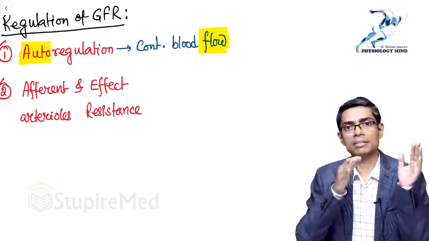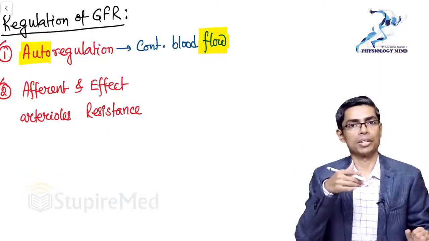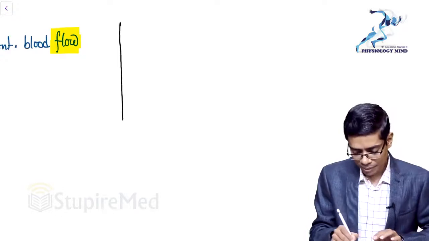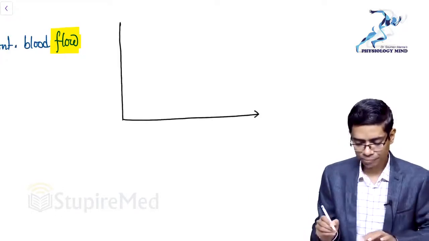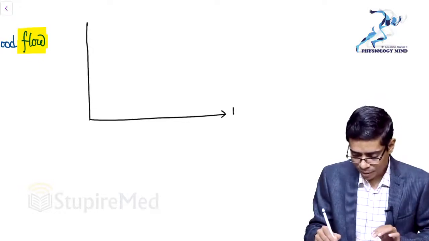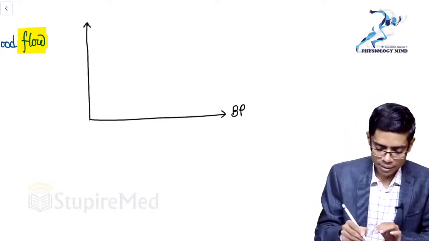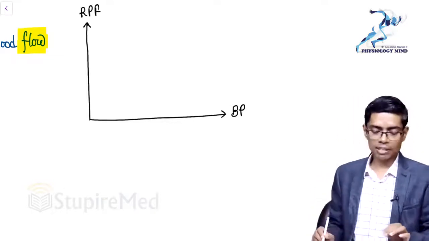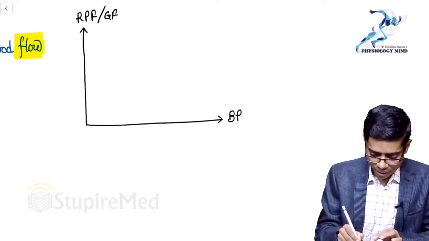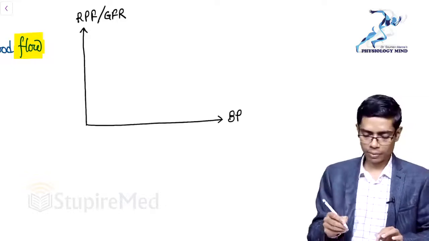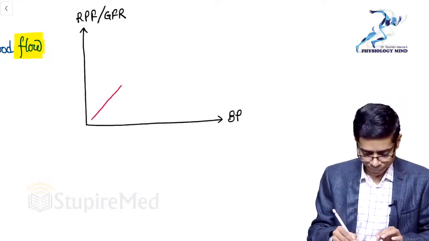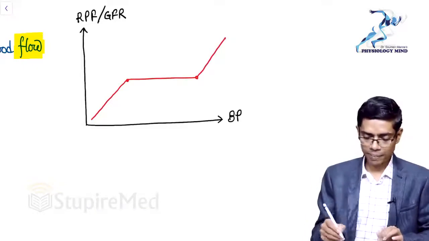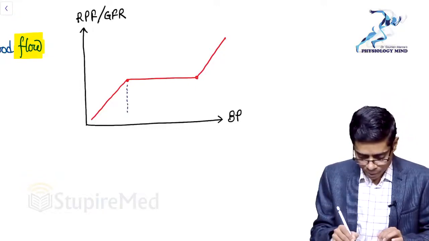Rather than this definition, we have to understand this thing. To understand this, I am drawing one autoregulatory curve, graphical representation. So x-axis is the blood pressure and y-axis is the renal plasma flow. Renal plasma flow or GFR, both are autoregulated. So look at the curve. Now I'm putting some numbers.